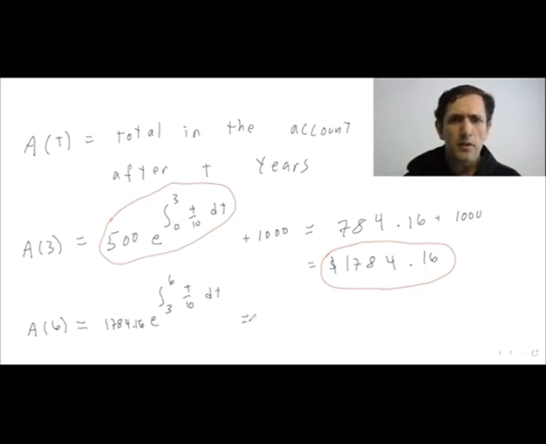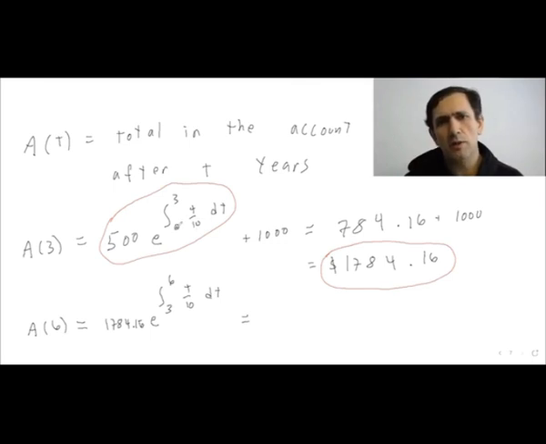Okay, and I should say this right here is actually e to the t squared over 20. Plug in 6, you get 36. Plug in 3, you get 9.